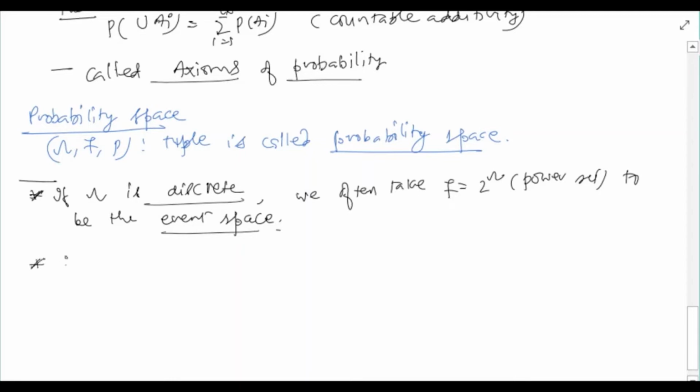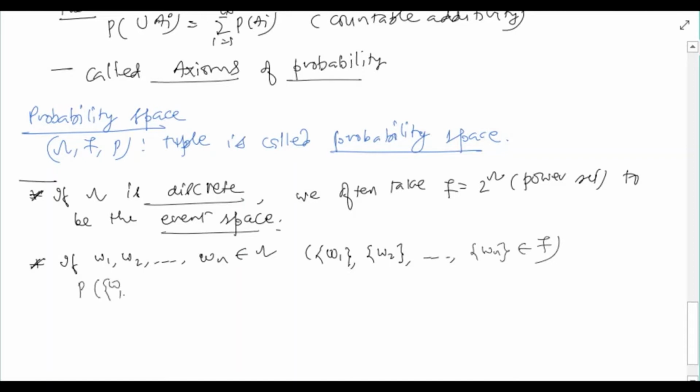Moreover, if omega 1, omega 2, dot dot dot omega n are elements of omega, then the singleton sets omega 1, omega 2, dot dot dot omega n, they all will be elements of F, and in this case the probability of the set omega 1, omega 2, dot dot dot omega n is simply sum of the probabilities of these singletons.